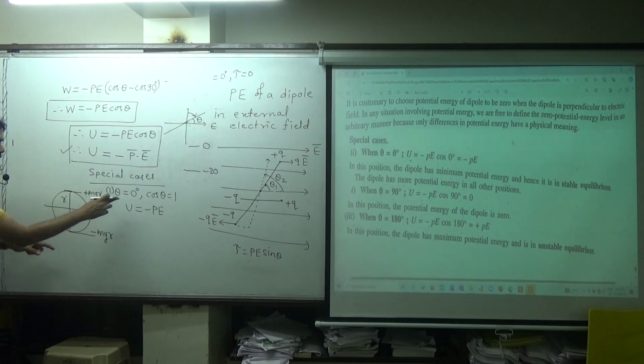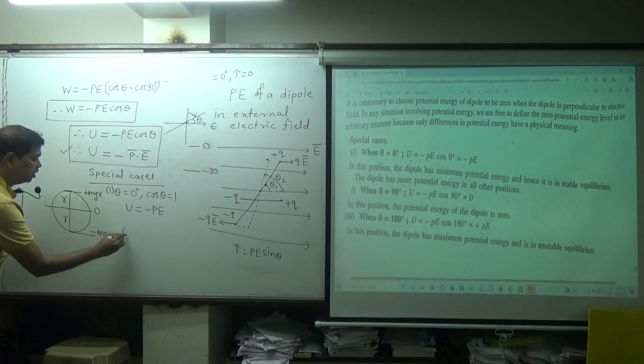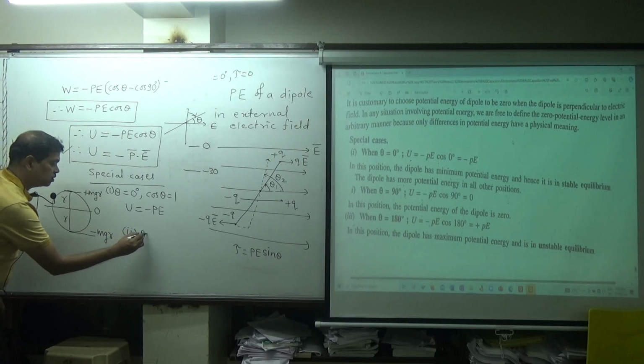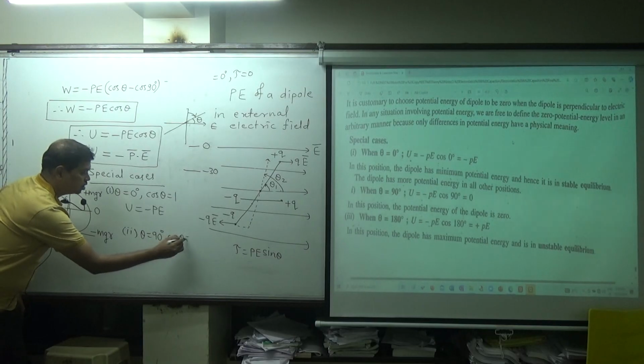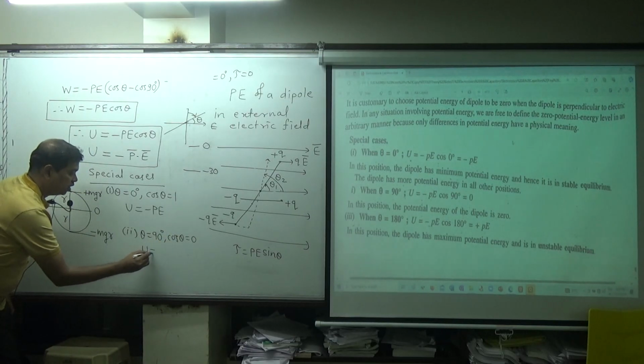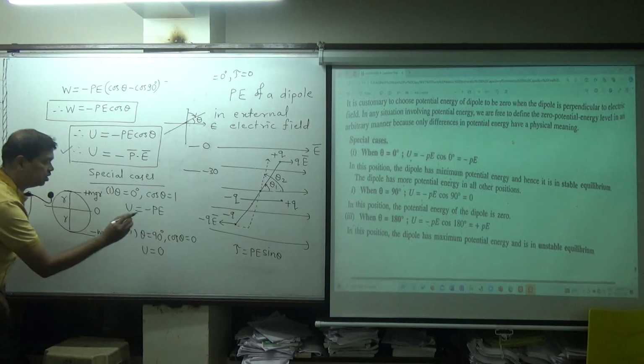Okay, 90 degrees. See when theta is equal to 90 degrees, cos theta 0 आएगा and potential energy u कितनी आएगी? Potential energy will be 0.